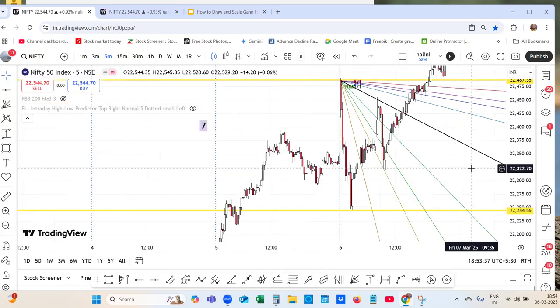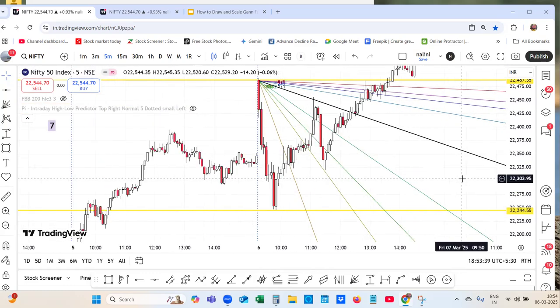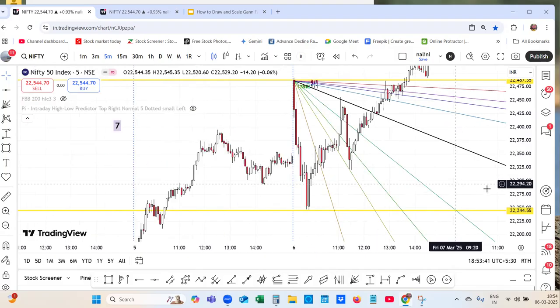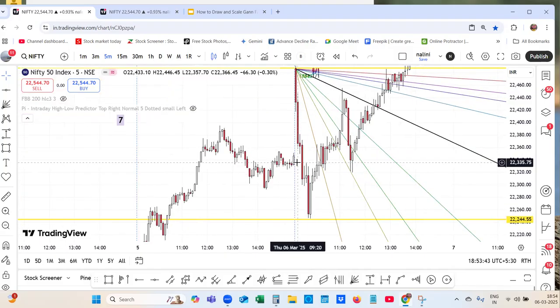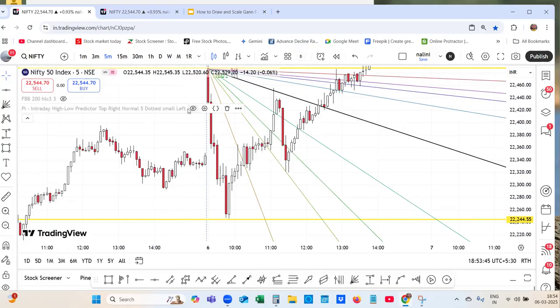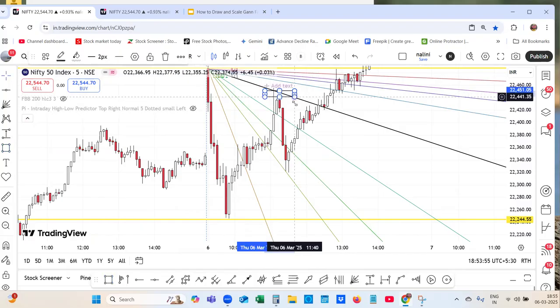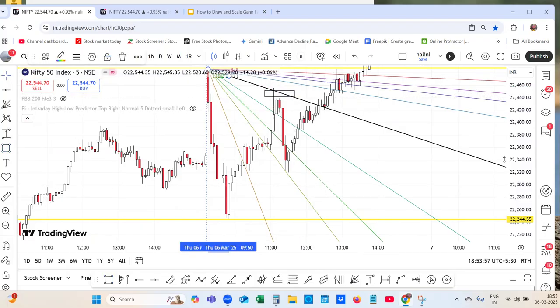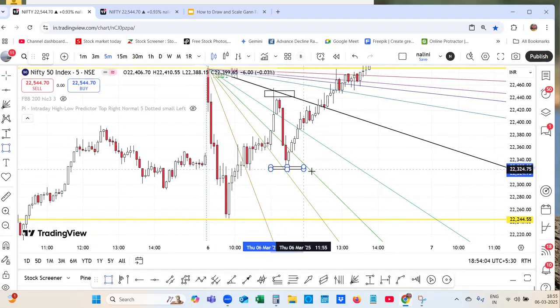There is no variation of the Gann Fan. Even if you zoom in or zoom out, it is proper. See, when the price started moving here, climbing from this angle, it acted as a resistance. And then when it came down in this angle, it acted as support.